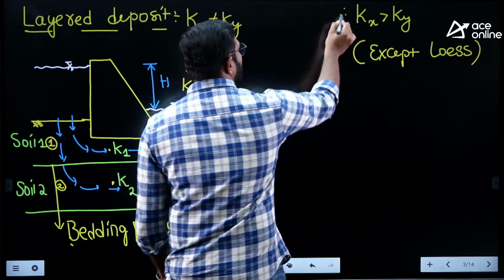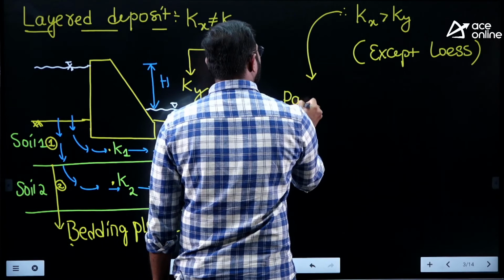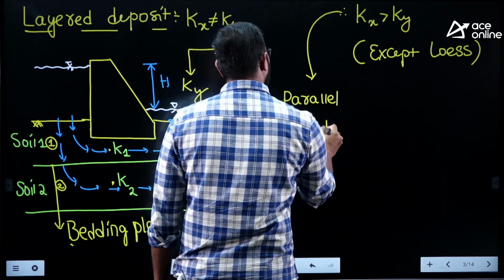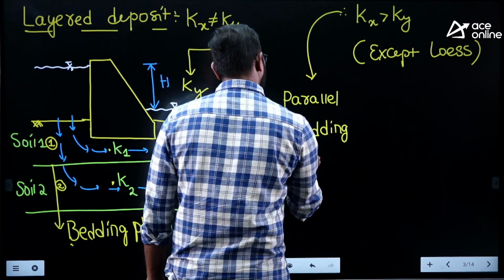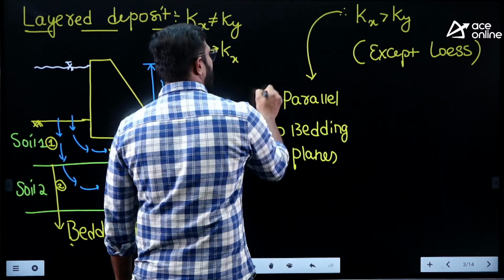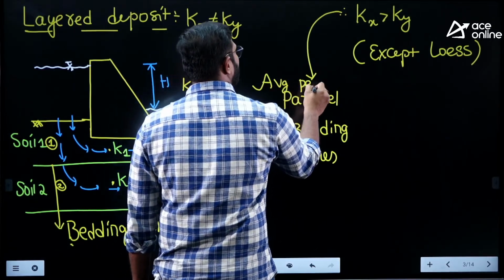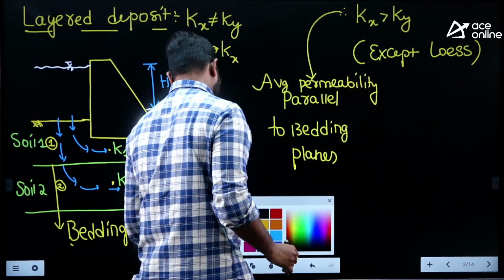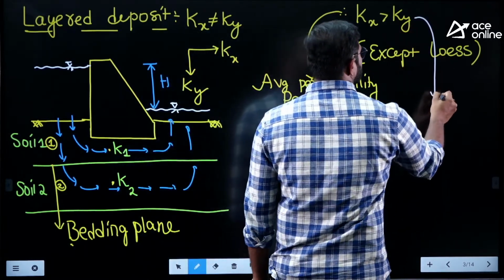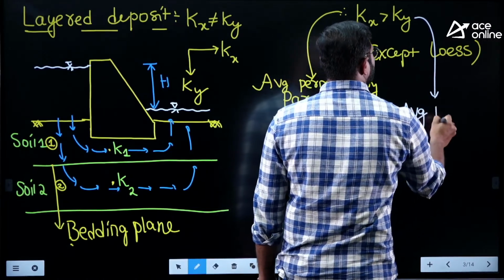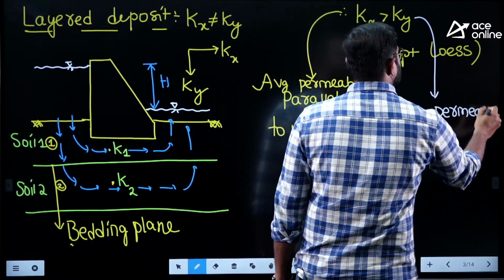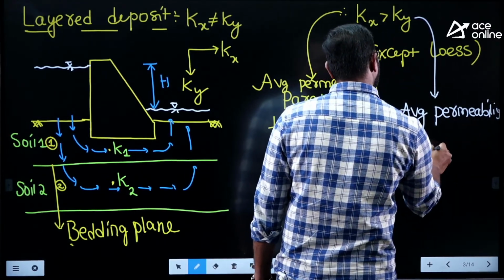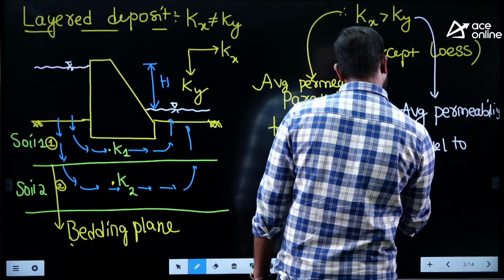So this Kx represents the average permeability parallel to bedding planes.